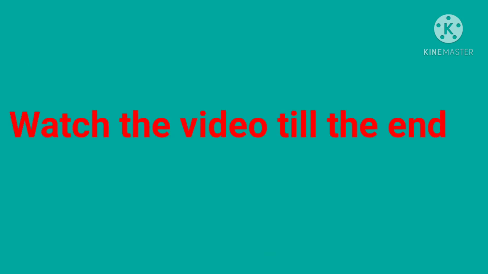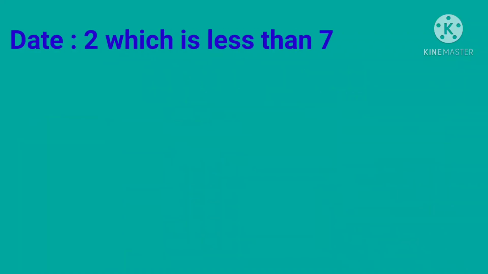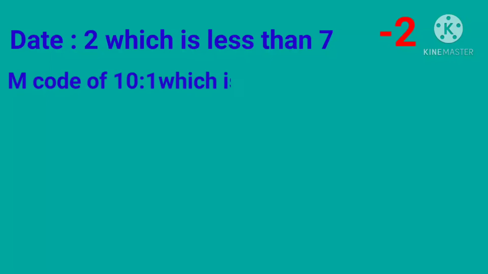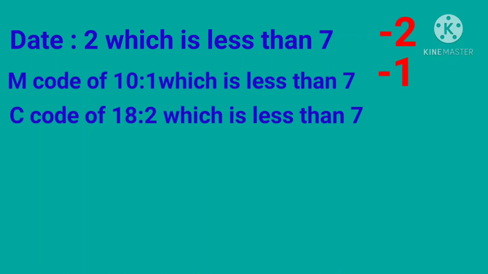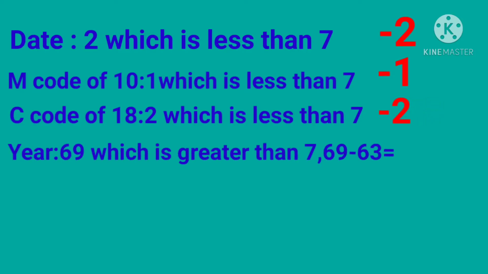First, date is 2, which is less than 7, keep as it is. Month code of 10 is 1, which is less than 7, keep as it is. Century code of 18 is 2, less than 7, keep as it is. Year is 69, which is bigger than 7, therefore 69 minus 63 is equal to 6.